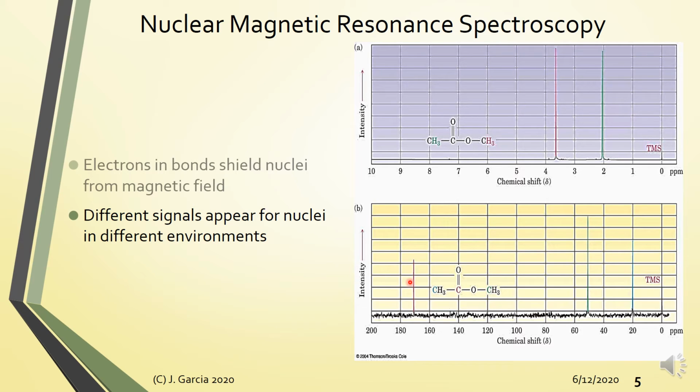Again, this has something to do with electronegativity. The carbonyl carbon has the most downfield signal because it's doubly bonded to an oxygen, and may isa pang oxygen dito. So this makes the nuclei more deshielded, and hence more susceptible to our magnetic field.